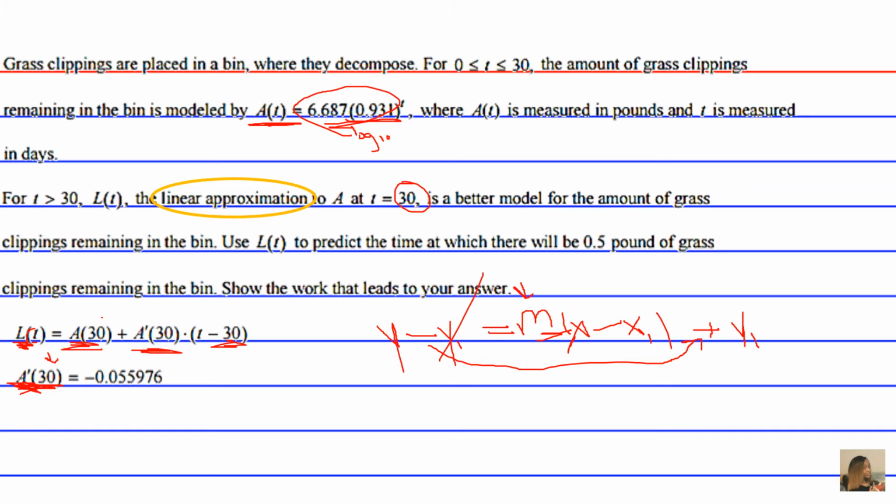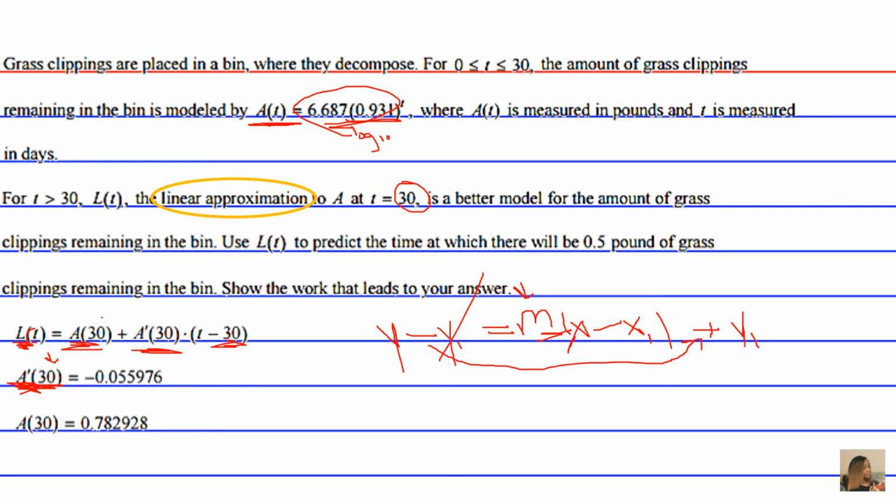Now we need to find our y1, which we brought over to the right-hand side as a variation on the general way the slope-intercept formula looks. So basically, when we plug 30 into the equation, we get A of 30 is equivalent to 0.782928.